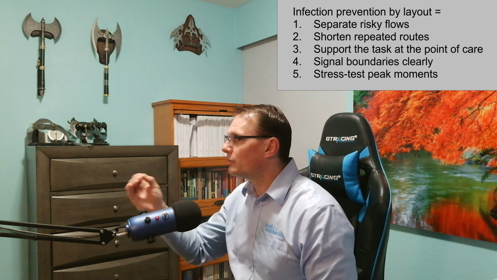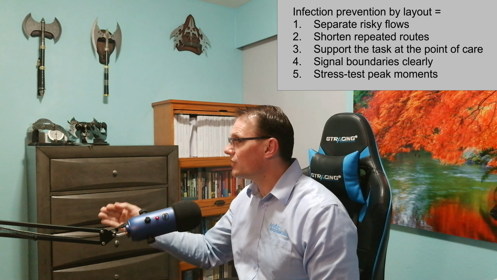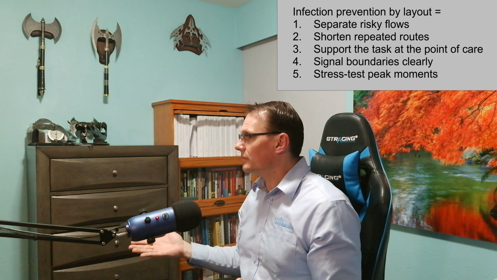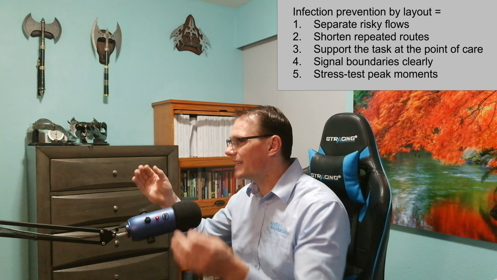Fourth, signal boundaries clearly so that staff, visitors, and vendors understand where they should and shouldn't go. And fifth, stress test the layout during the peak moments. A plan that works when the building is quiet may fail during meals, med paths, bathing, laundry, or an outbreak response.